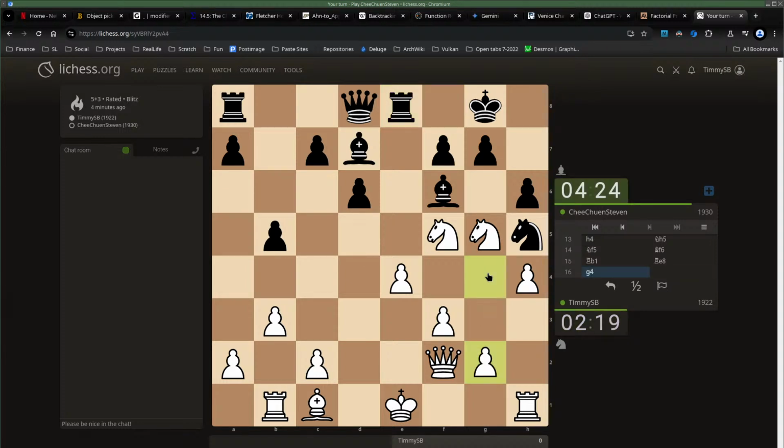No, not really, but it's still looking very juicy. Oh, he needs to castle. Yeah, he found it. So I go away and then the knight goes there, maybe.